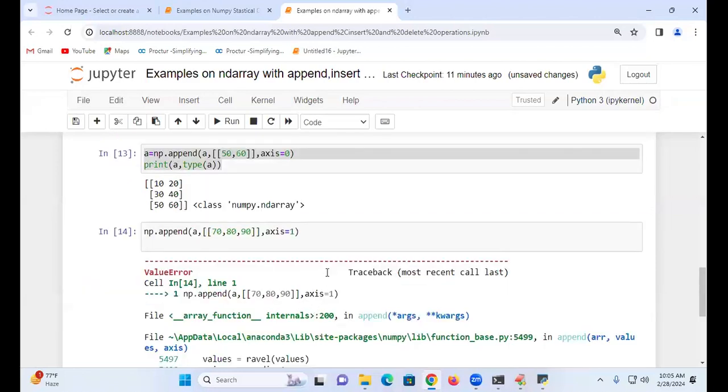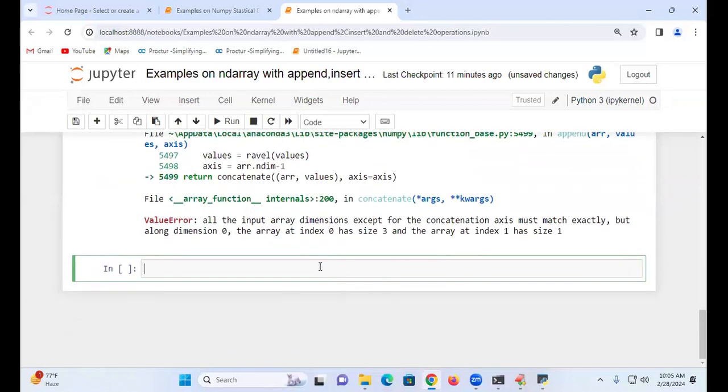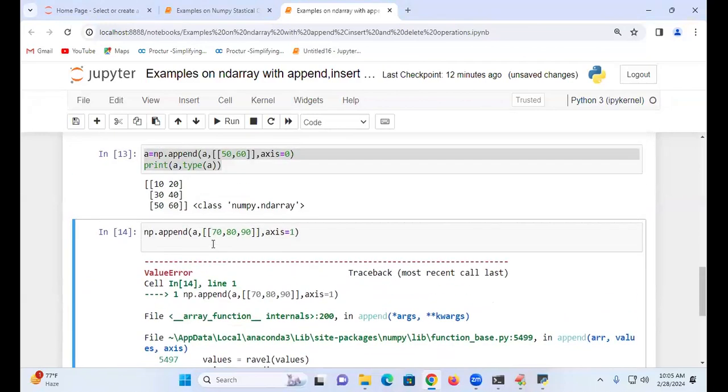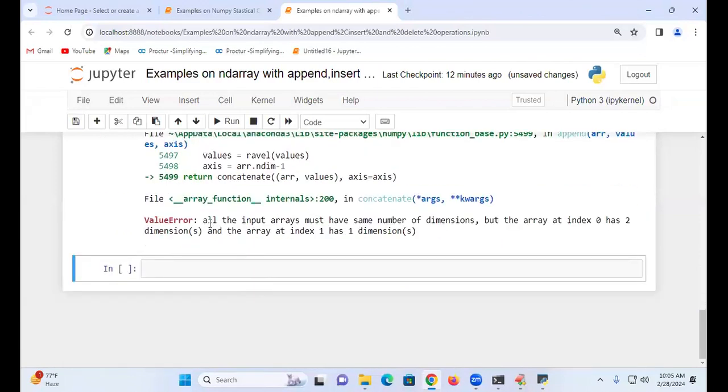So what is happening here? It is going to give you, so index as 1, and go to this place, something is happening. So try to run it. All input arrays must have the same number of dimensions, but the array at index 0 has 2 dimensions.